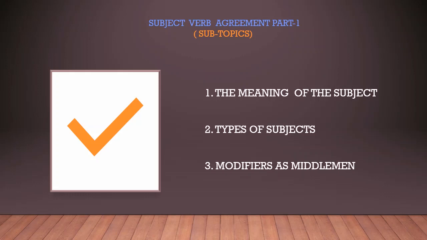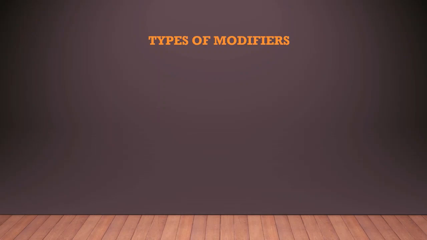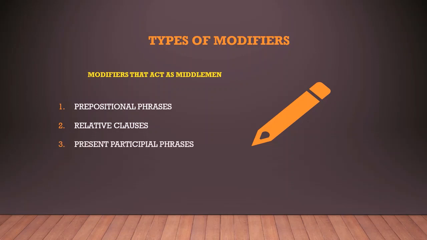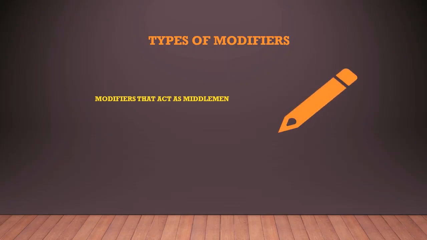Moreover, under the topic of types of modifiers or modifiers that act as middlemen, I discussed prepositional phrases, relative clauses, present participial phrases, and past participial phrases. Now, I discuss the remaining 2 modifiers, namely additive phrases and non-essential modifiers.